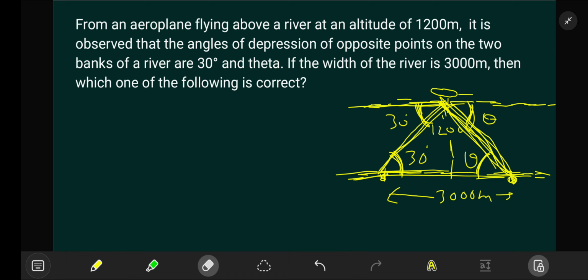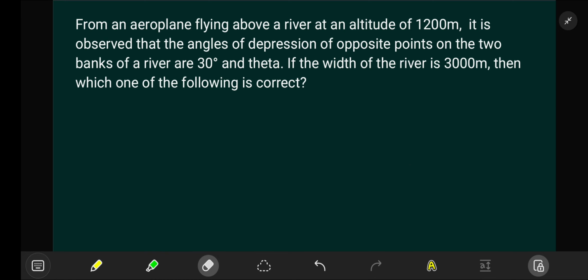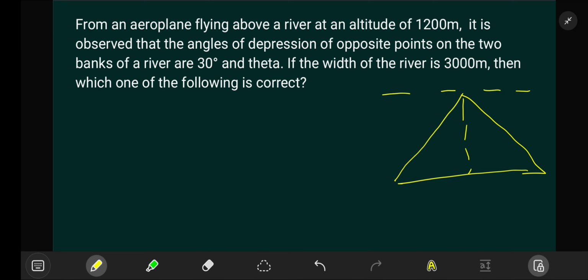If you are clear at understanding, I will draw it. Just forget with these angles. After we conclude, these angles are 30 degrees and theta degrees.